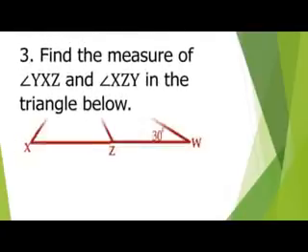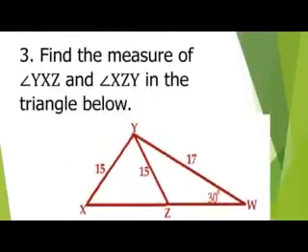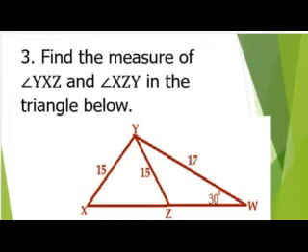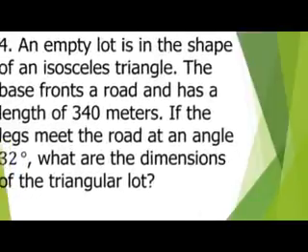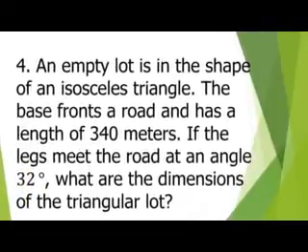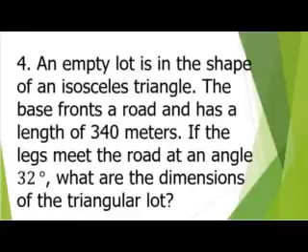Find the measure of angle YXZ and angle XZY in the triangle below. Number 4. An empty lot is in the shape of an isosceles triangle. The base fronts a road and has a length of 340 meters. If the legs meet the road at an angle of 32 degrees, what are the dimensions of the triangular lot?